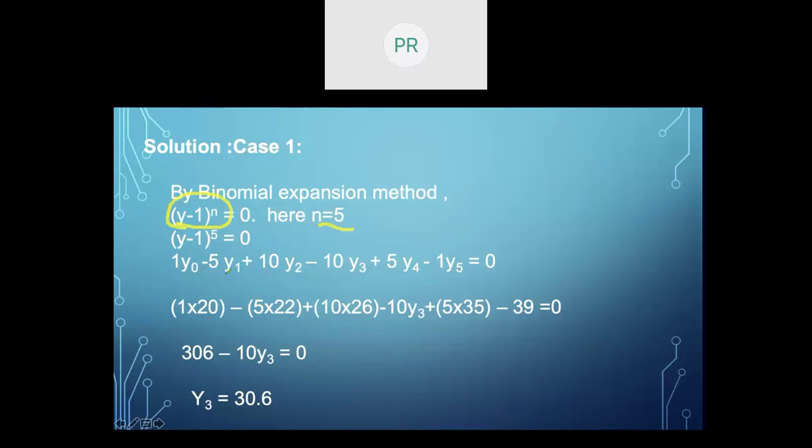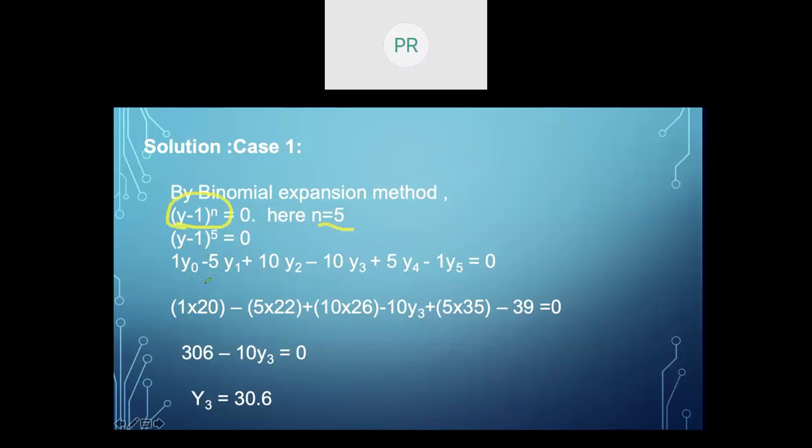nC0 y^n minus nC1 y^(n-1) plus nC2 y^(n-2) minus nC3 y^(n-3) and so on. But since I already have Pascal triangle and all my combination values are ready, I can write the values directly.